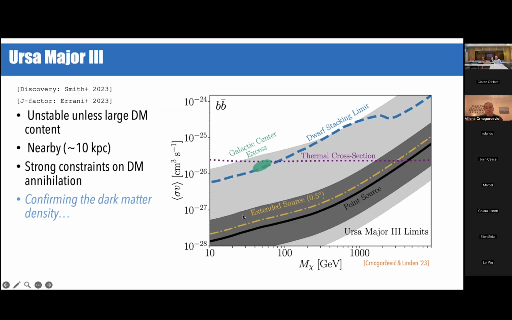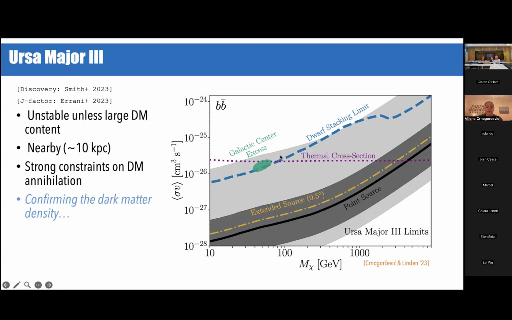So here I show you on the right the usual cross-section versus the dark matter mass plot, and I want you to focus on the black line indicating the point source assumption for Ursa Major 3, and this excludes, assuming a canonical thermal cross section, the values of the WIMP masses below about 2 TeV.